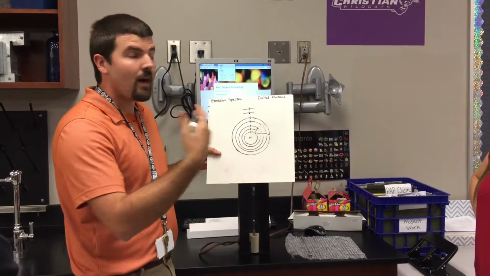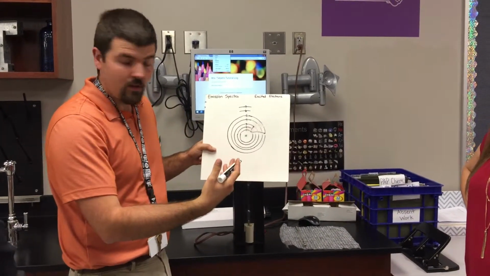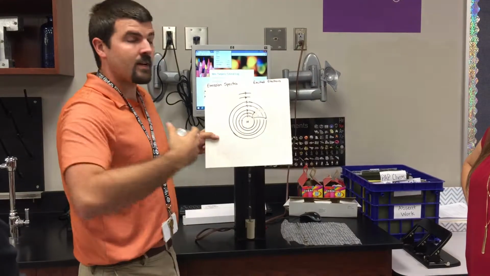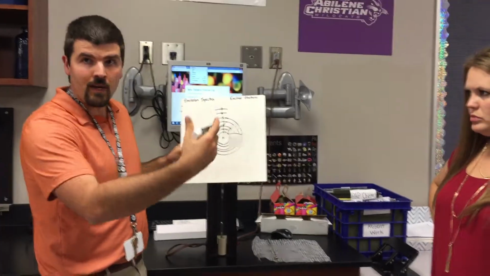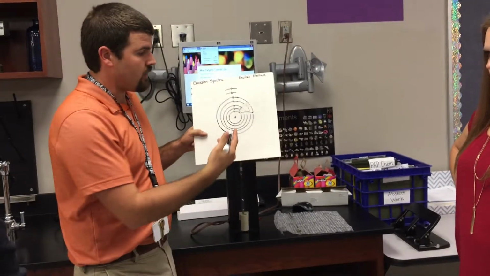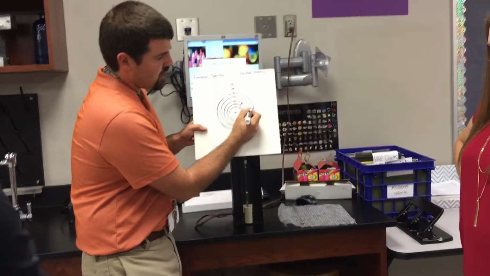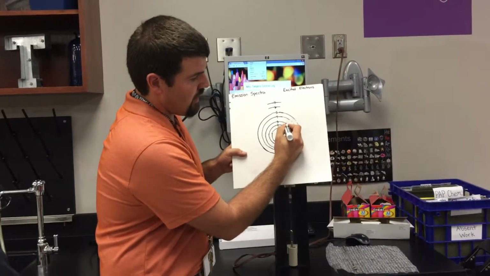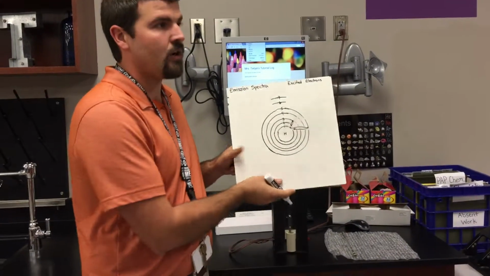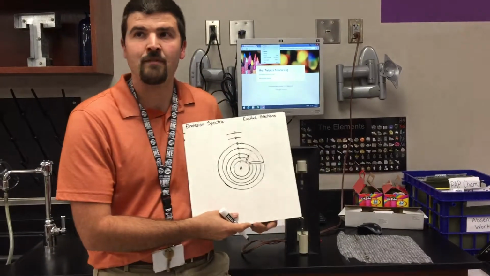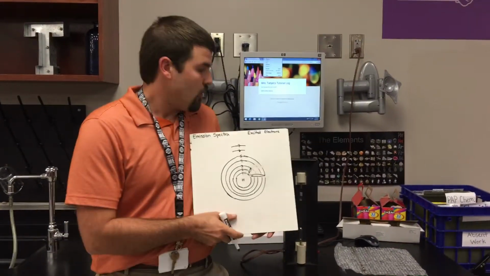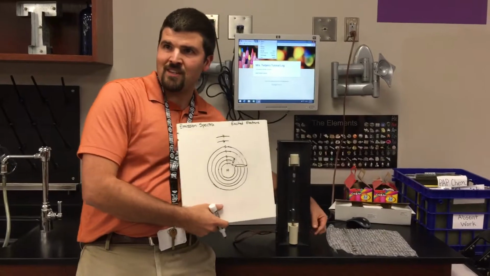And then you say, okay, but here's the deal. When they go up there, they're excited, but they're going to make their way back down to where they belong eventually. I show them, okay, whenever they come back down, they can't take all that energy they absorbed with them. They have to get rid of it somehow, which is what we're seeing. And I connect it back to this again.